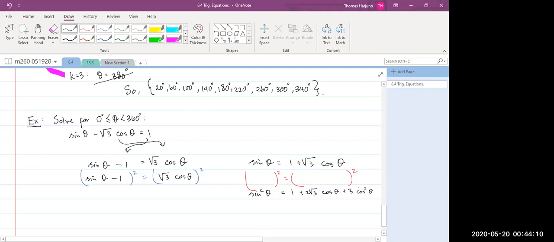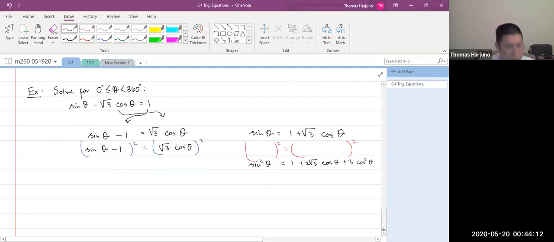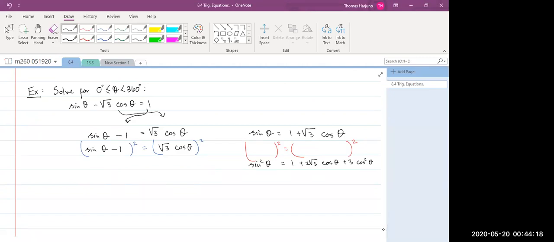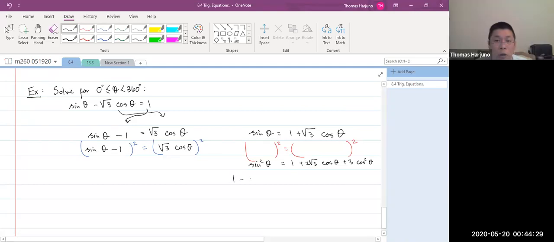Yeah. Okay, now what do you do from there? Oh, you're going to turn sine squared theta into 1 minus cosine squared theta. Yes, change this one here. So this is 1 minus cosine squared theta.